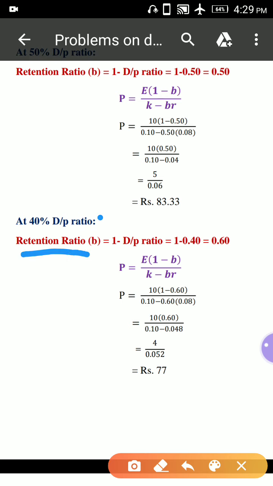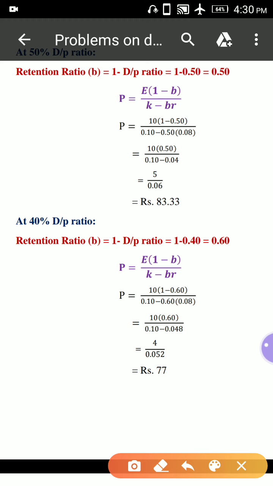Now look at 40% dividend payout ratio. Here the retention ratio is 1 minus the dividend payout ratio, that is 1 minus 0.40, equal to 0.60. Now P is equal to E 10 into (1 minus b), b here 0.60, divided by K 0.10 minus b 0.60 into r 0.08.